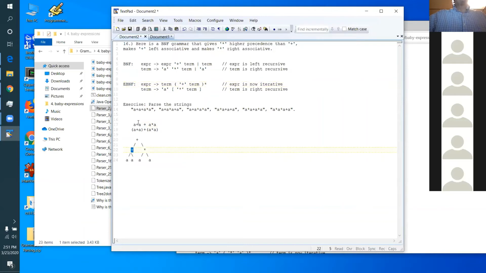That plus is that guy, that A is that term, and that A is that term. So that's one iteration of the plus star. All right.